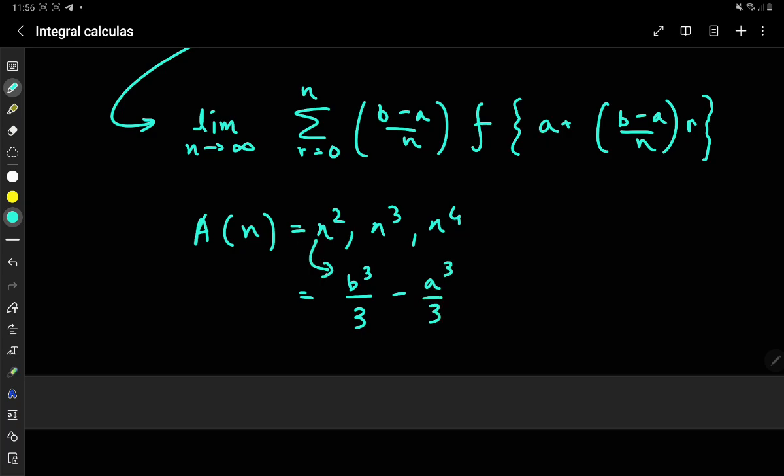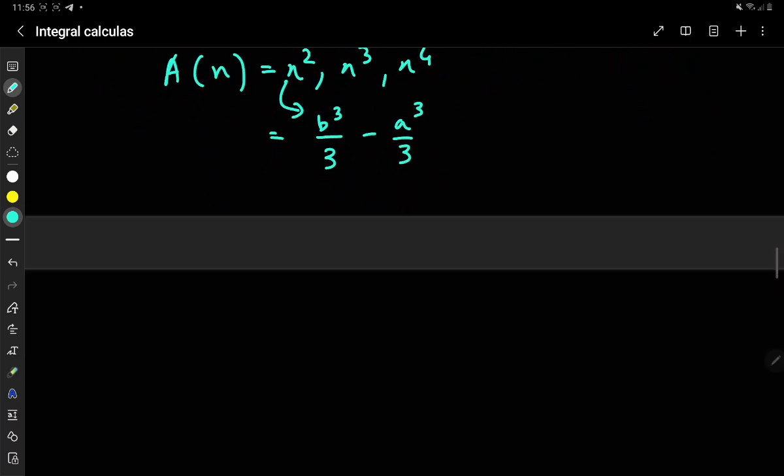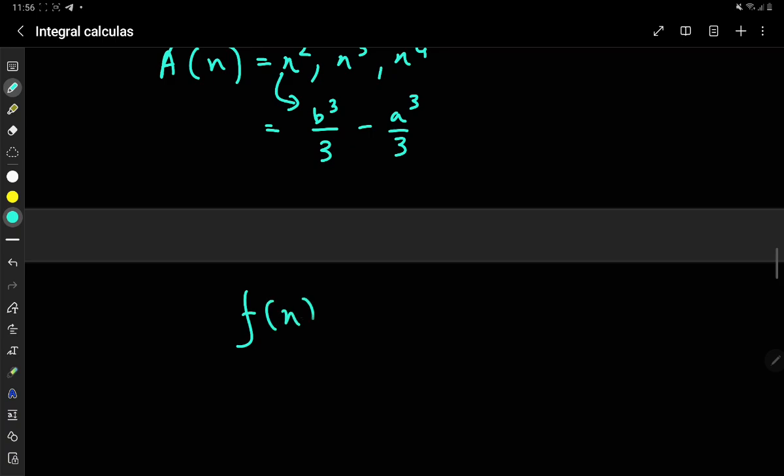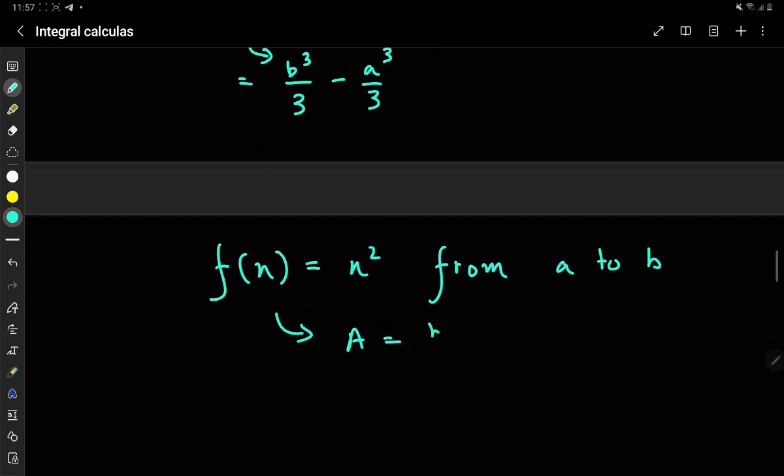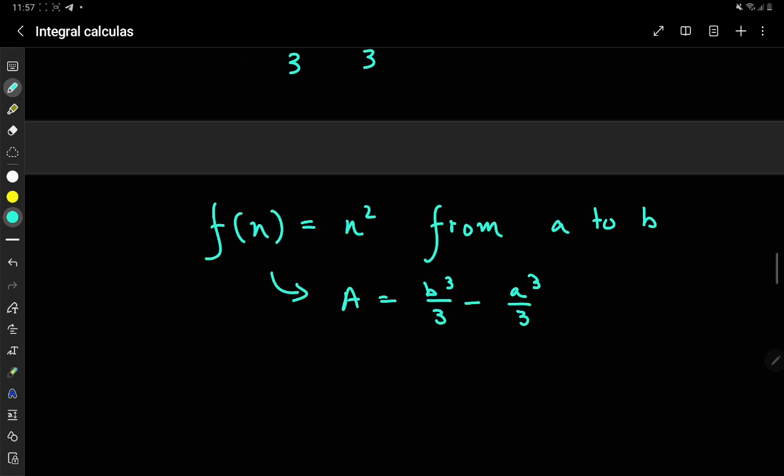This is for x square, right? For f of x equals x square from a to b, he found that the area was b cube by 3 minus a cube by 3.